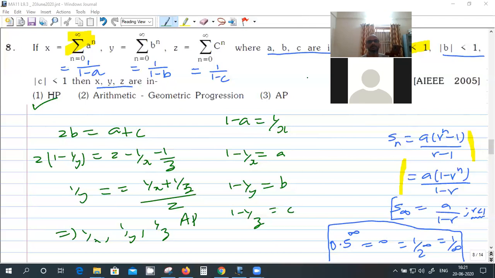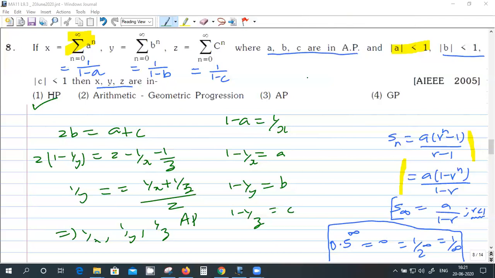So X, Y, Z, we have the relation, right? From that, and then A, B, C are in AP, is given. So that way you get 2B equal to A plus C. So you can write A in terms of X, B in terms of Y, and C in terms of Z, right?